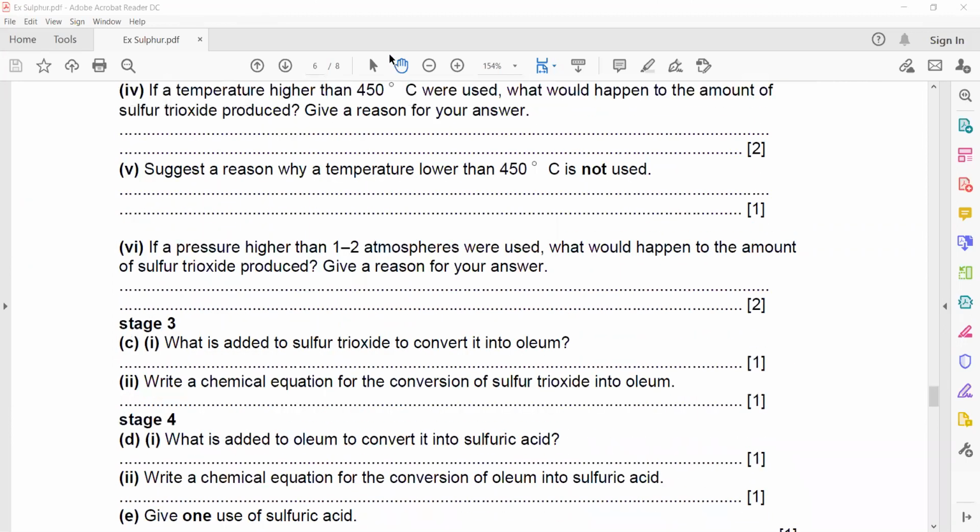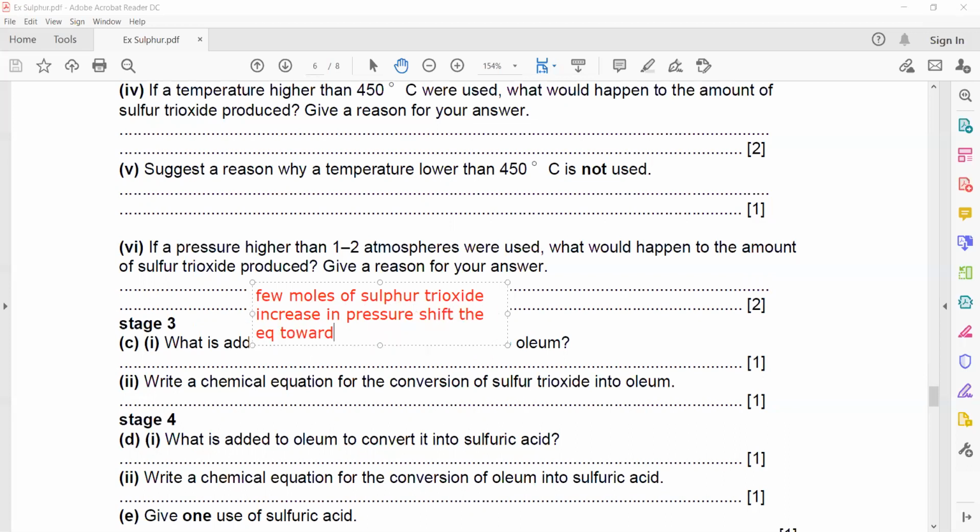An increase in pressure shifts the equilibrium towards the right hand side, so the amount of sulfur trioxide will increase.